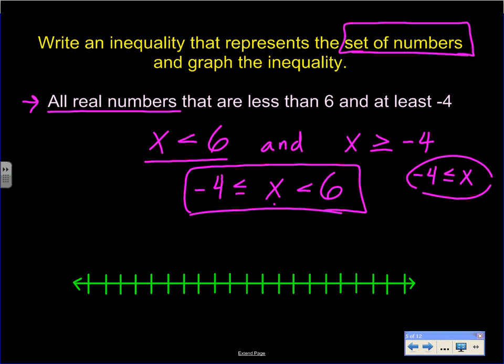So how do we graph this? Well, when you graph this, you can either look here and here, or you can just look right here in the box. It depends on how you're able to do it.